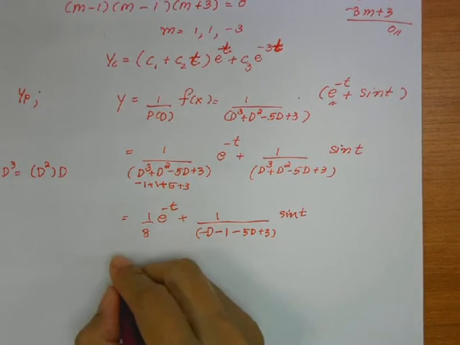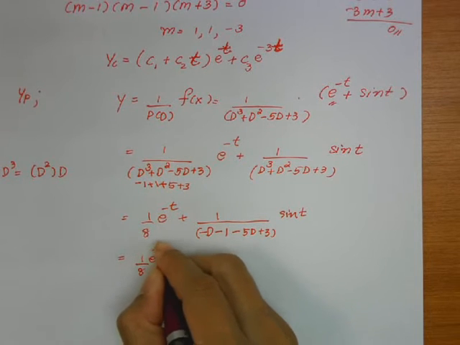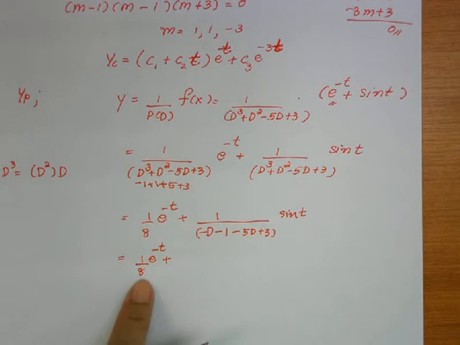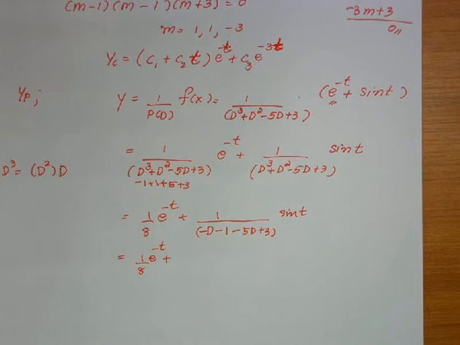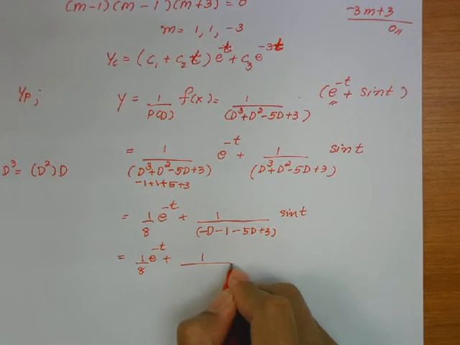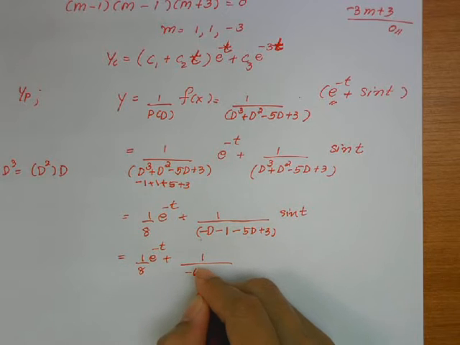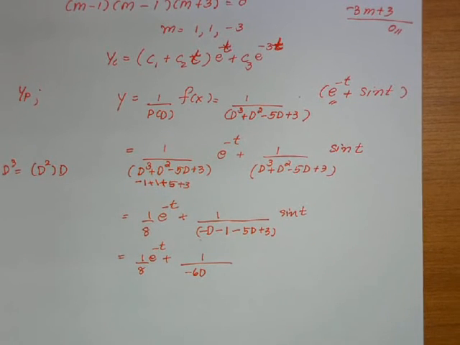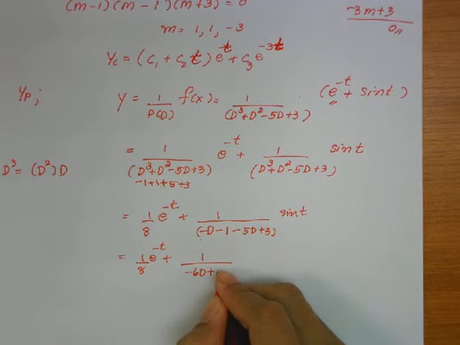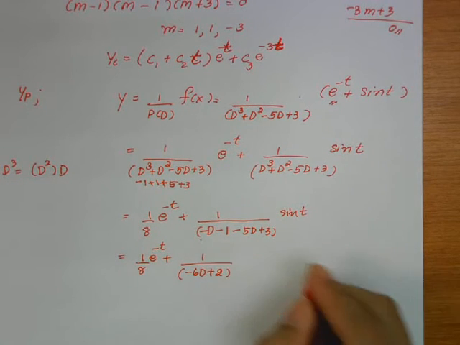Now you have 1 over 8 times exponential of minus 3. This one is all done. You got to keep repeat writing it because it's all done. Now, minus d minus 5d is equal to minus 6d. Minus 1 plus 3 plus 2. And then you have sine t.